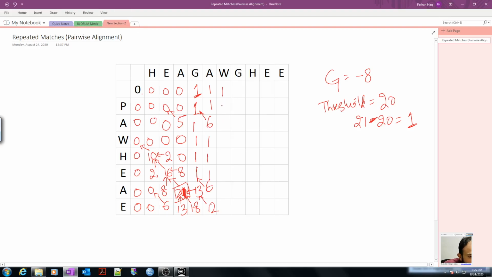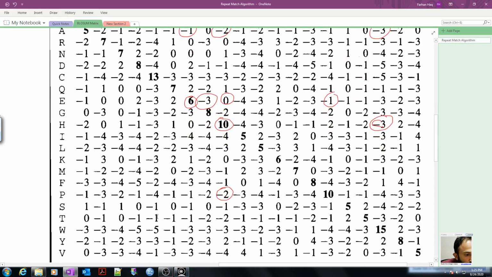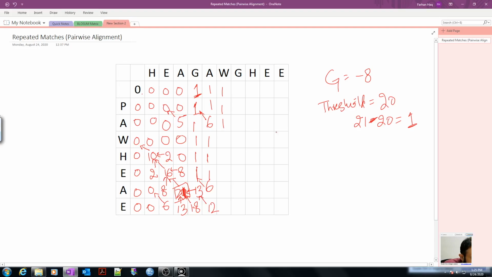P and W, that is 1. Now A and W, all sides will give negative value. Again 1. WW. Now WW alignment score is, W and W is this one, 15. So we will add here value 6 plus 15, that is 21.